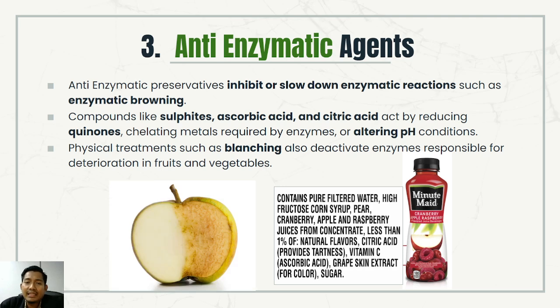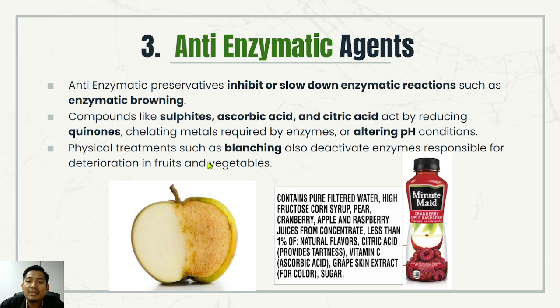Next, we move on to the anti-enzymatic agent. Anti-enzymatic preservatives inhibit or slow down enzymatic reactions, such as enzymatic browning. This is an example of enzymatic browning in apple. Compounds like sulfite, ascorbic acid, and citric acid act by reducing quinones, chelating metal required by enzyme, or altering the pH condition. That's why to preserve this kind of apple, we need to put some anti-enzymatic agent by altering the pH condition.